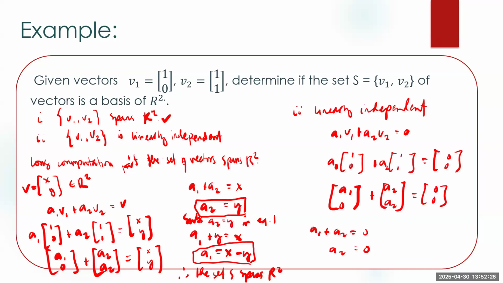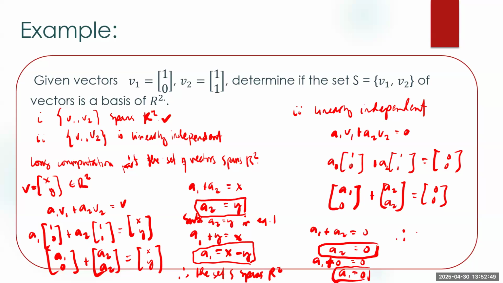Now we want to show that a1 is equal to 0 also. So we will plug in the value of a2 into our first equation. So a1 plus 0 is equal to 0. So a1 is equal to 0. As you can see, it shows that a1 and a2 are equal to 0.